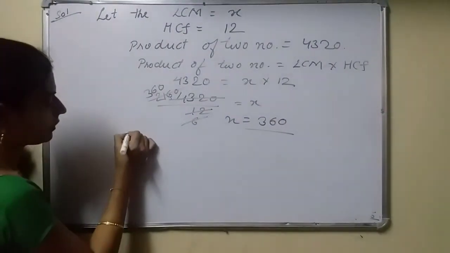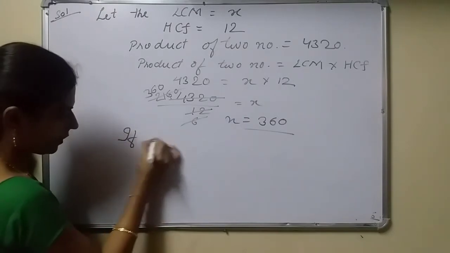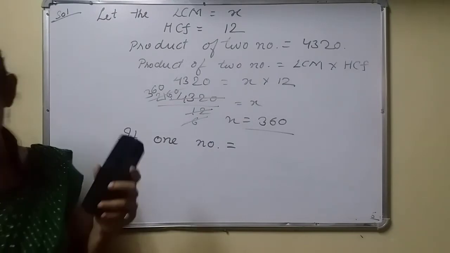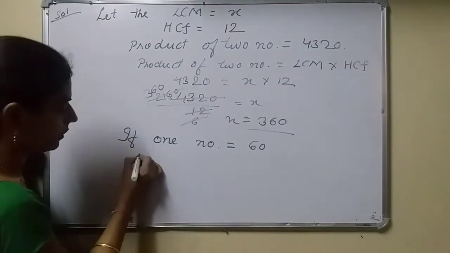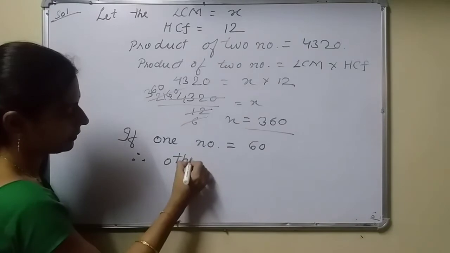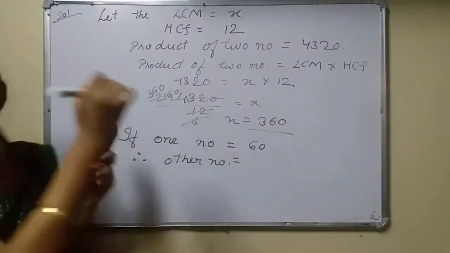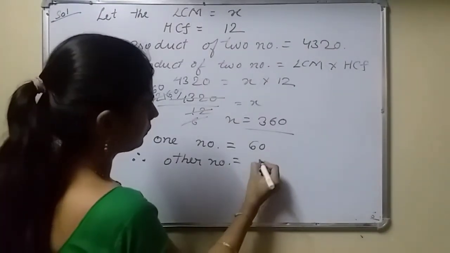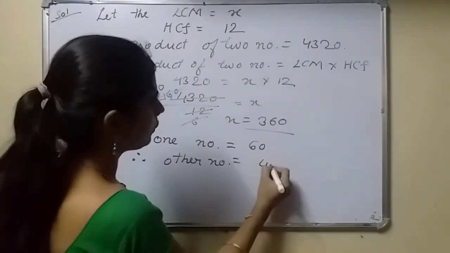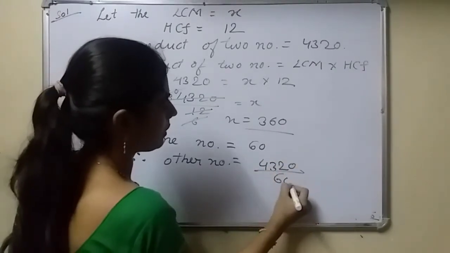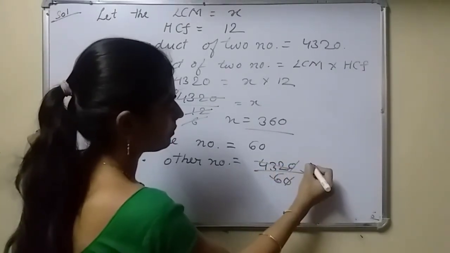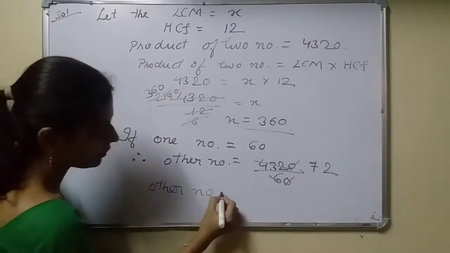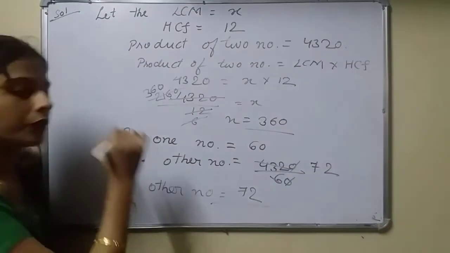If one number is equal to 60, therefore the other number is equal to 4320 by 60. Other number is equal to 72.